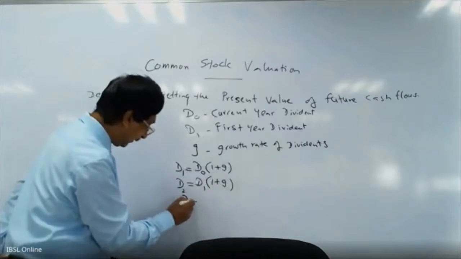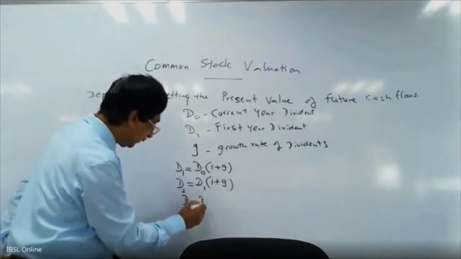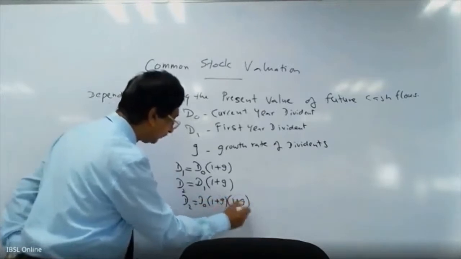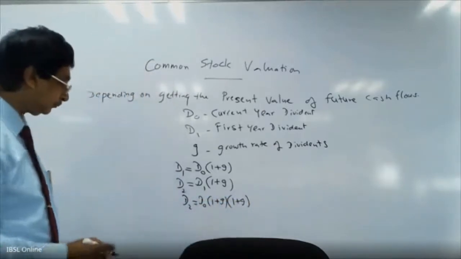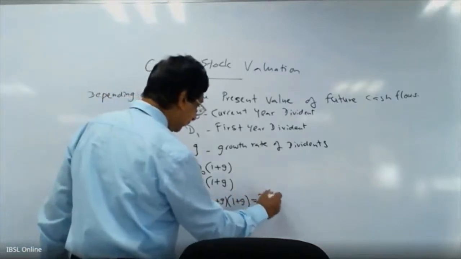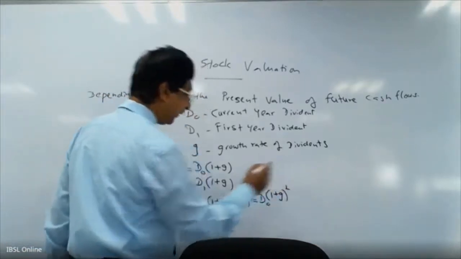Then D2 is equal to D0 into 1 plus G into 1 plus G, that is D0 into 1 plus G squared.